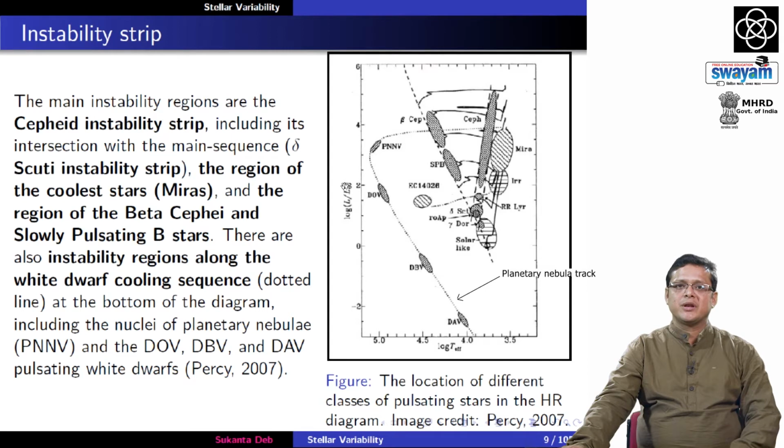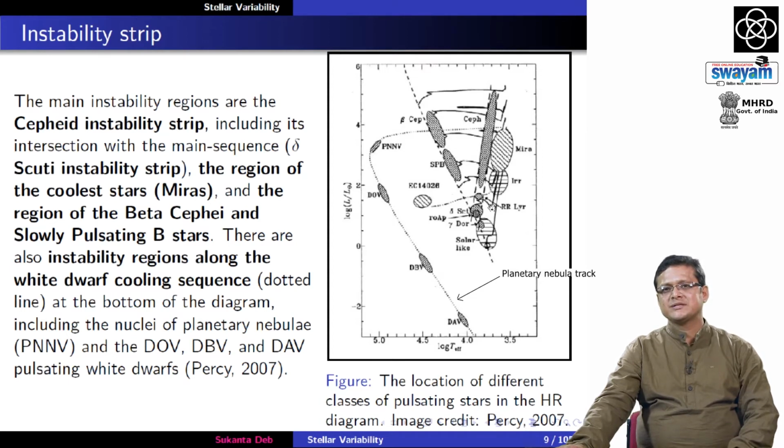So, this diagram shows the instability strip in the HR diagram, where the pulsating stars pulsate when they come inside this strip. The main stability region is the Cepheid instability strip, including its intersections with the main sequence.